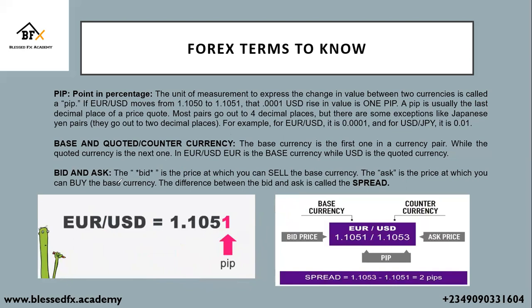So bid and ask. Now, currency pairs do not just come in one value. It will come in 2 values, the bid and the ask. The bid is the lowest value, the ask is the highest value. So the ask is the price at which you can buy the base currency. The bid is the price at which you can sell it. Okay, let me not just confuse you. It's just that it will come in 2 values. They'll be very close.